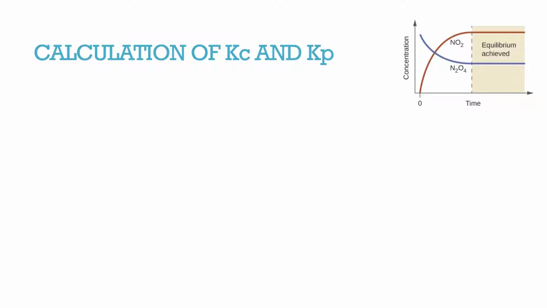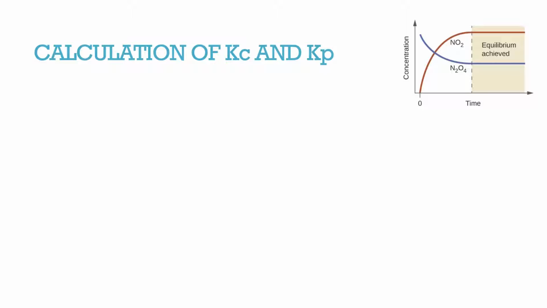So if you look at the concentration versus time graph given here, this is based on the equation on page 166. There is the equation, right? N2O4 gas will produce 2 moles of NO2 gas. So this will be the reactant, N2O4, which will be consumed throughout the reaction, and 2 moles of NO2 will be produced.